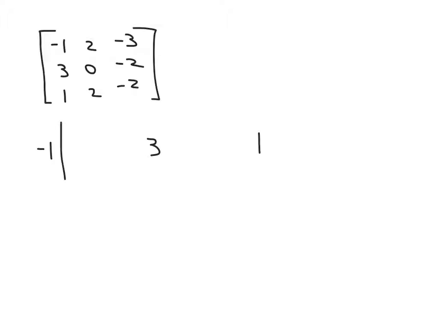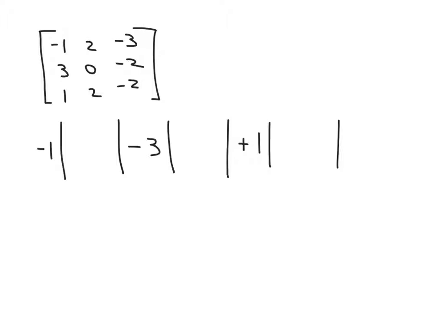And then we make a 2 by 2 determinant box, and we put a minus sign and a plus sign. Now we're going to fill in each of these determinants with 2 by 2 minors.